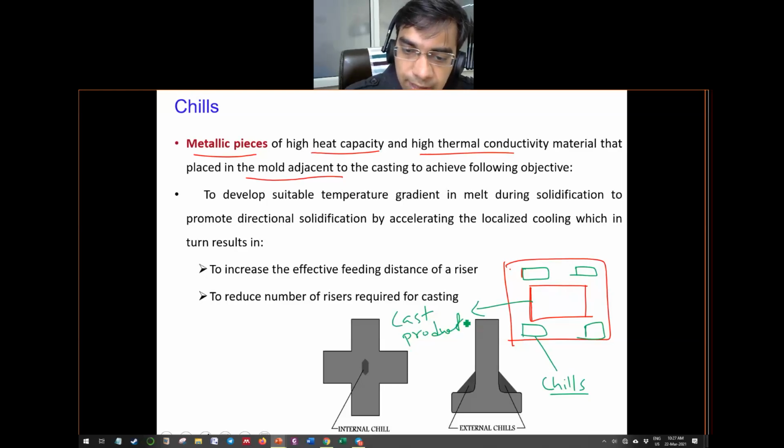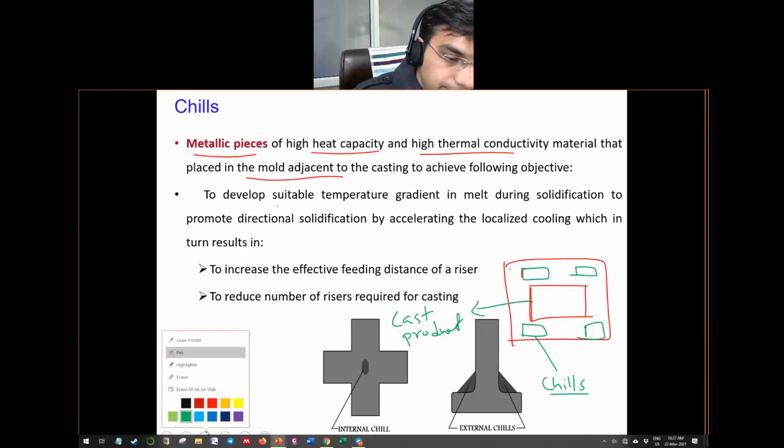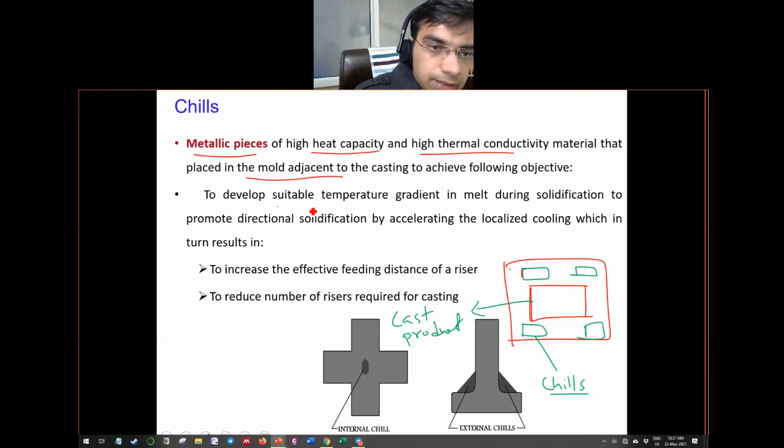Chills are placed in such a way in the mold. Please remember, they will be placed in the mold, not in the mold cavity. Since they have very high thermal conductivity and high thermal capacity, they help to develop a suitable temperature gradient, which helps to promote directional solidification by accelerating localized cooling.